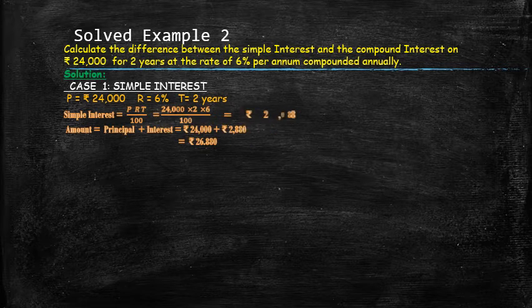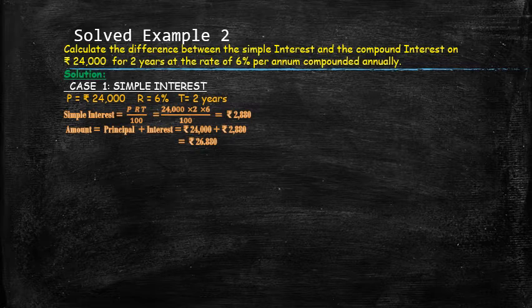We know that simple interest equals PRT by 100. That's equal to 24,000 into 2 into 6 by 100. Cancelling the two zeros and multiplying, we get the simple interest as rupees 2,880.